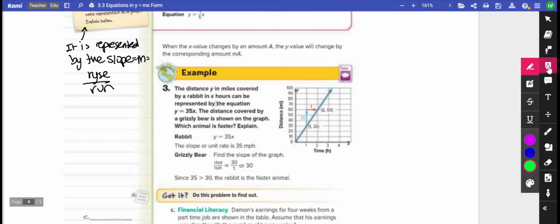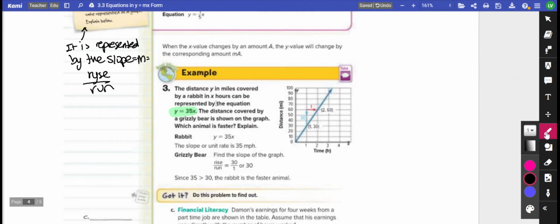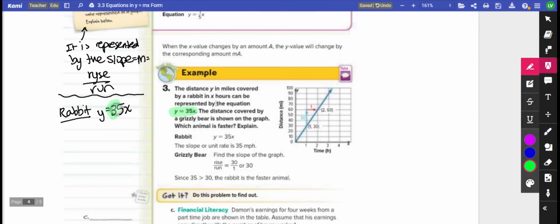Well, I'm going to take out some key information. For the rabbit, we're representing it with this equation y equals 35x. So to the left side, I'm going to write down the rabbit: y equals 35x.